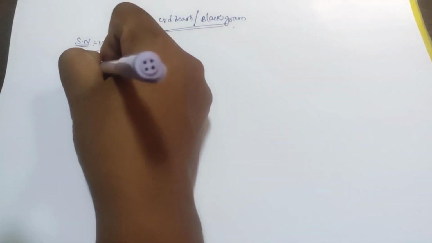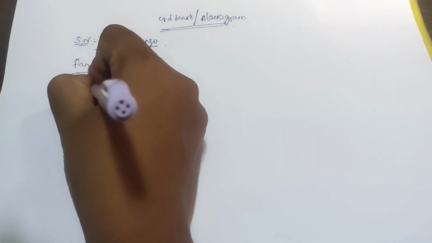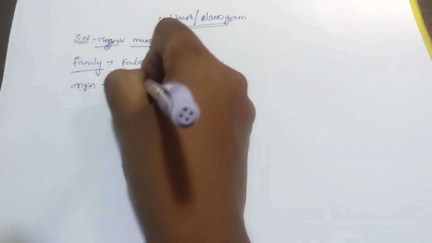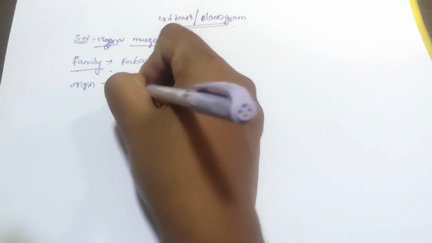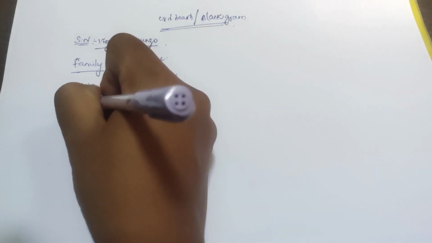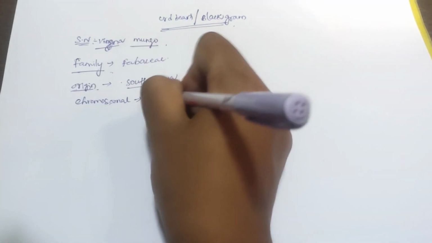This is the scientific name of urd bean. Urd bean belongs to the family Fabaceae. Origin: urd bean originated in South Asia. The chromosomal number is 2n equals 22 for urd bean.